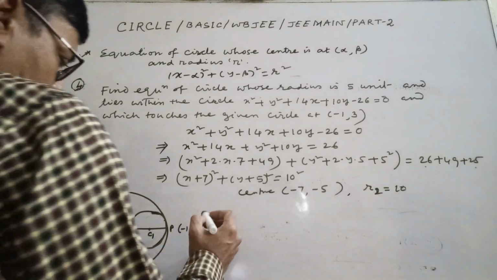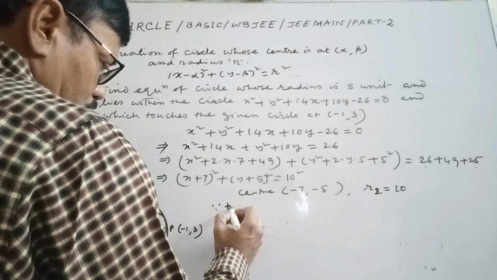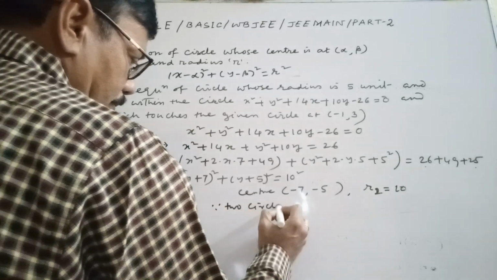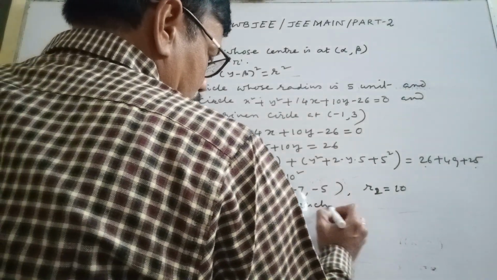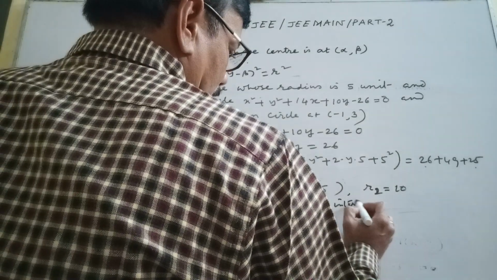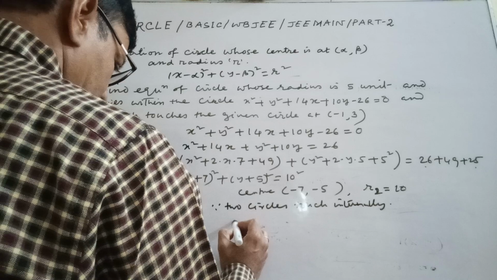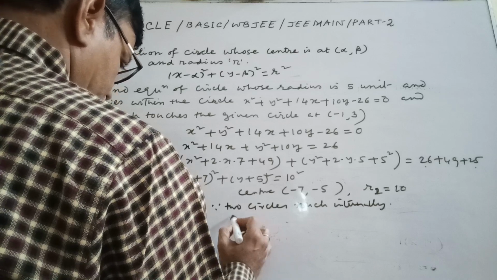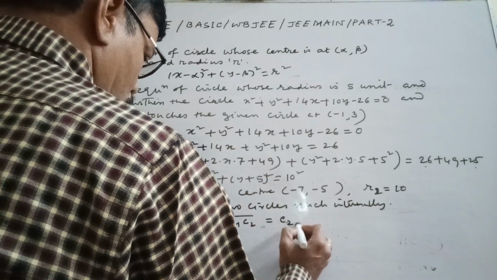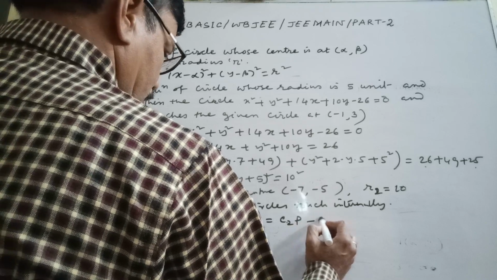Since two circles touch internally, therefore C1C2 equals C2P minus C1P.